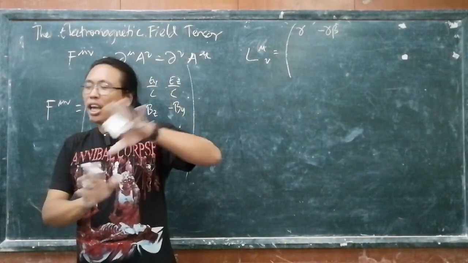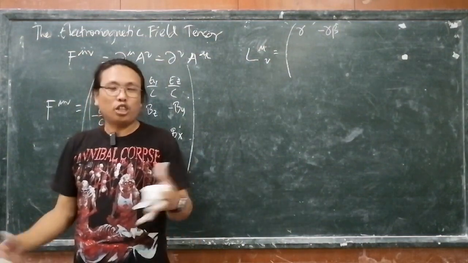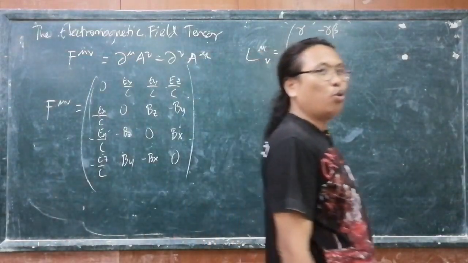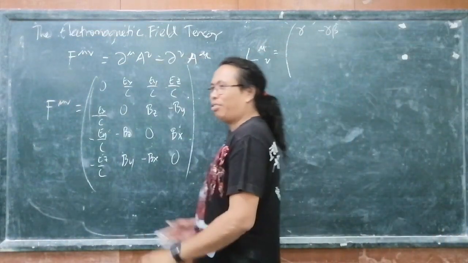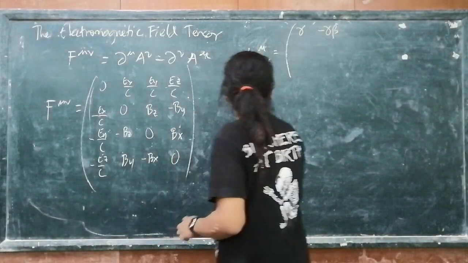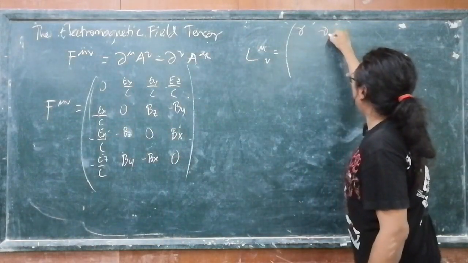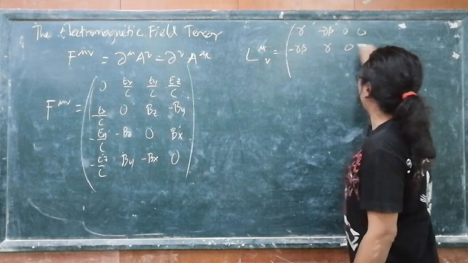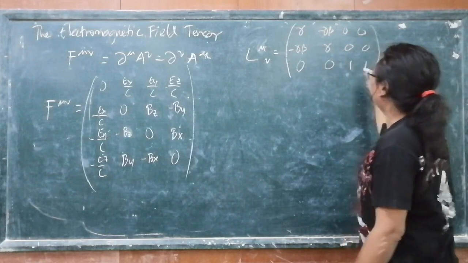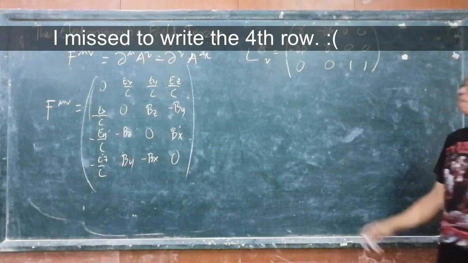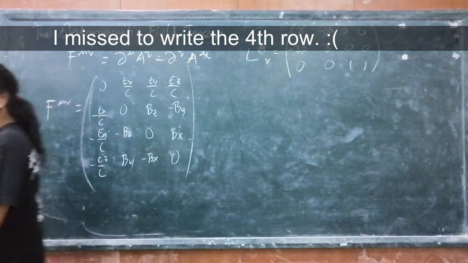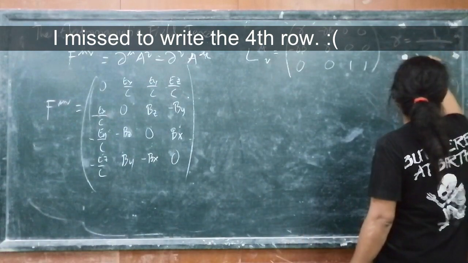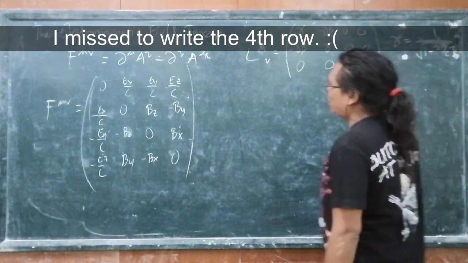We can have the boost in any direction that we want, but to simplify things, maybe I'll let you do the general case. We'll just use this: gamma, minus gamma beta, 0, 0; minus gamma beta, gamma, 0, 0; 0, 0, 1, 0; 0, 0, 0, 1. That would be the Lorentz transformation matrix. What's gamma? It is 1 over the square root of 1 minus v squared over c squared.